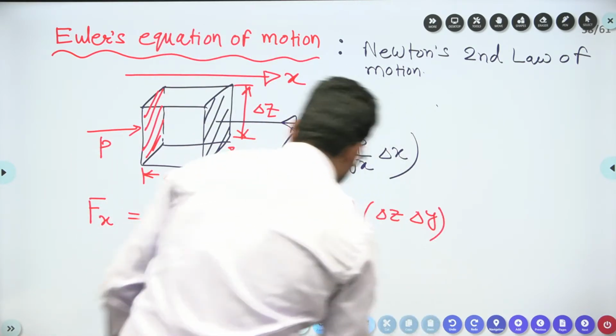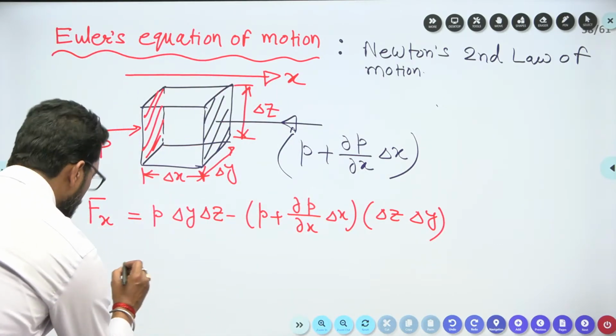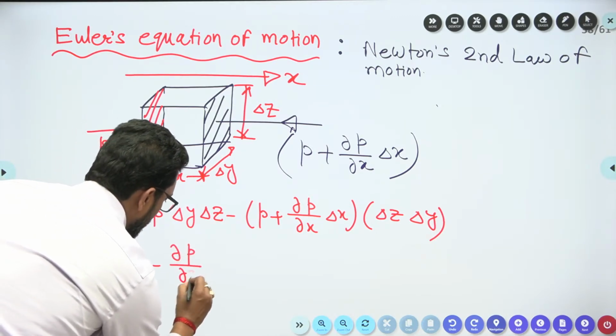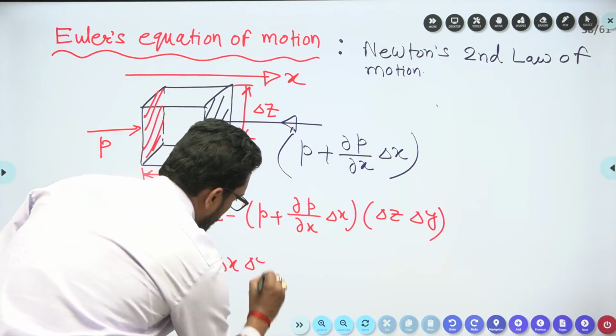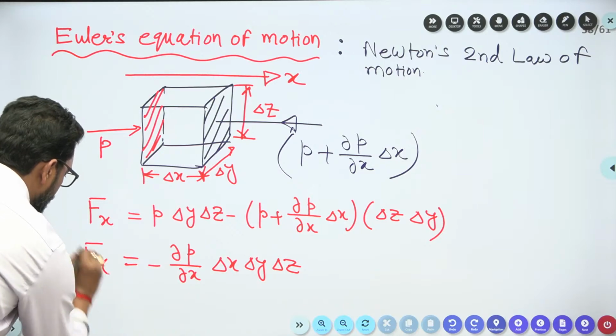Simplifying, this is minus dp by dx times delta x delta y delta z. This is the force in the x direction.